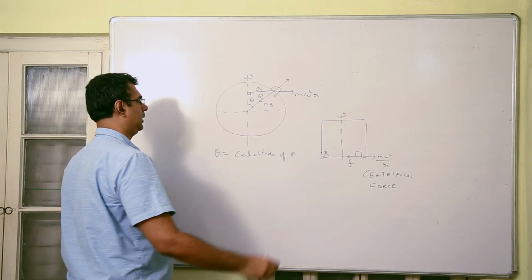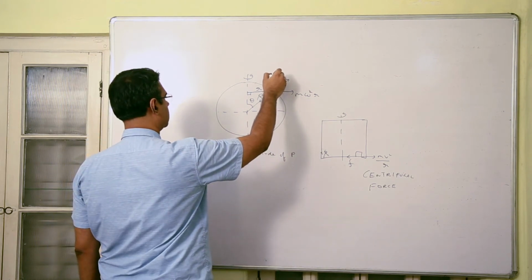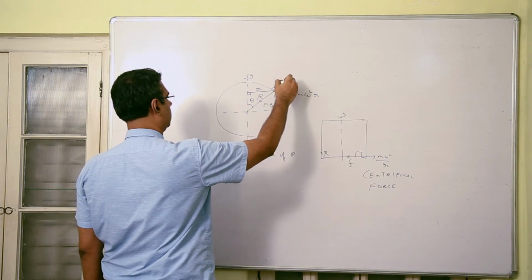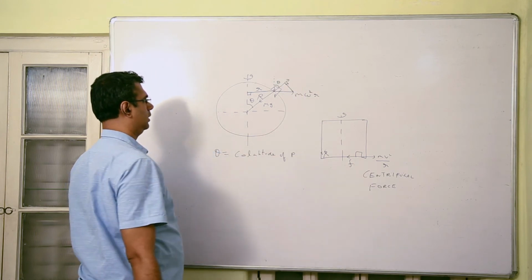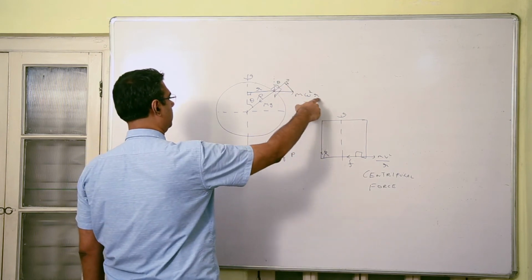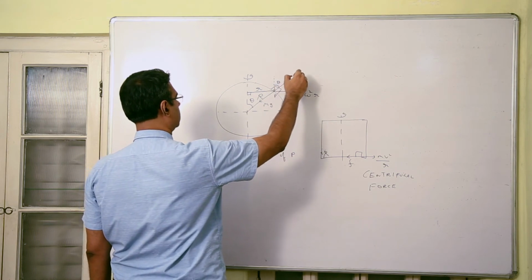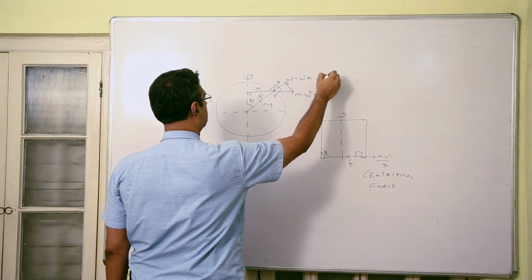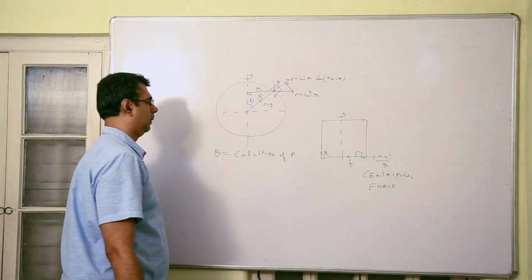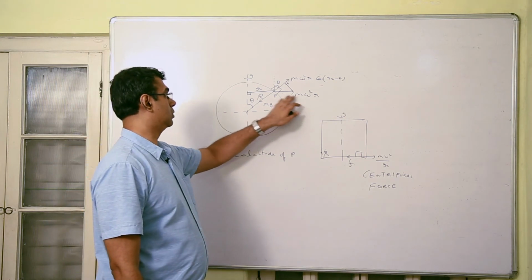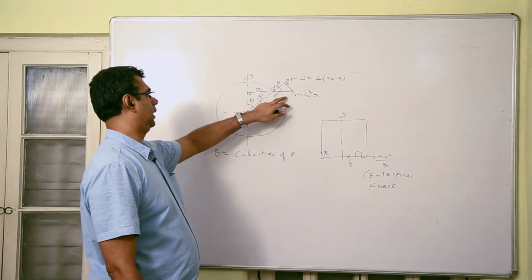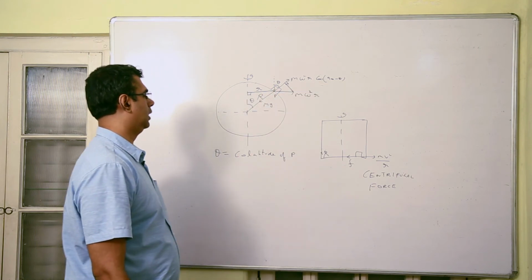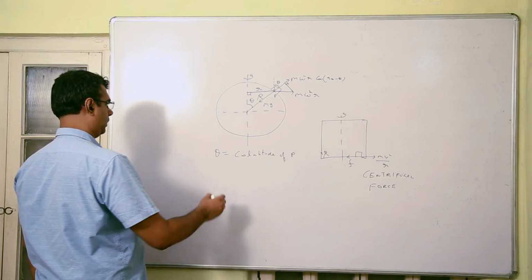A very good way of doing that is, if you consider that this angle is theta, so this is also theta, and the component of m omega square r in this direction is m omega square small r into cos 90 minus theta. I repeat, m omega square into small r is the centrifugal force, and the component of centrifugal force in this direction is m omega square small r into cos 90 minus theta.